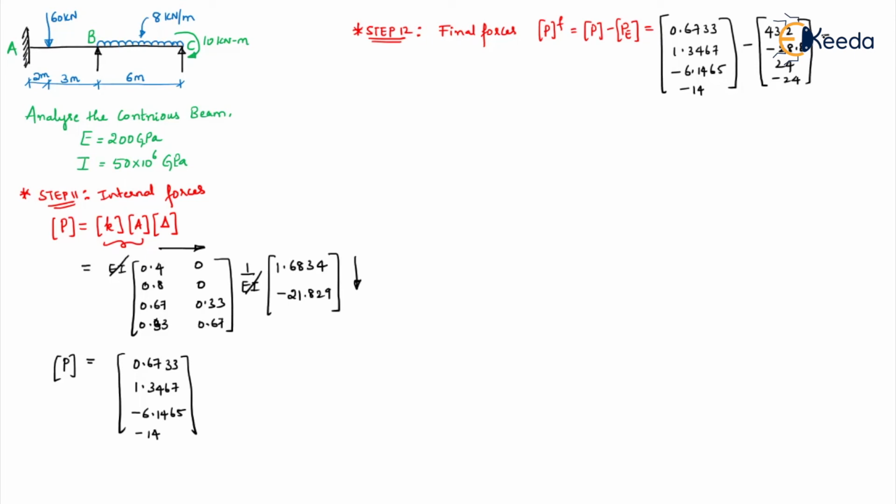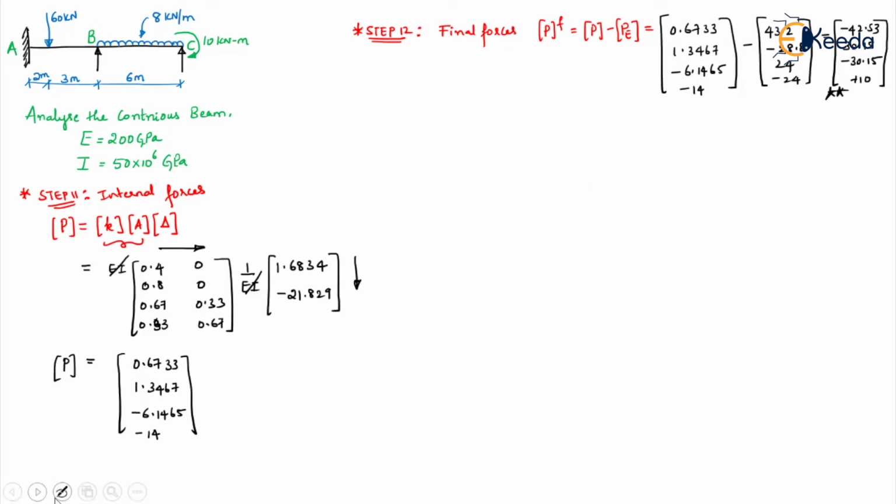Do the subtraction for getting your final forces. So this will be minus 42.53, 30.15, minus 30.15, and your plus 10. So these are the local coordinate forces.